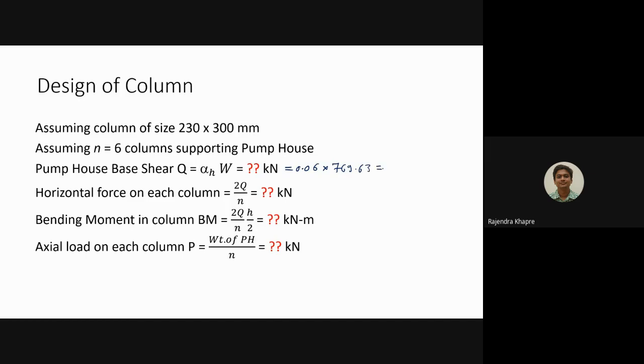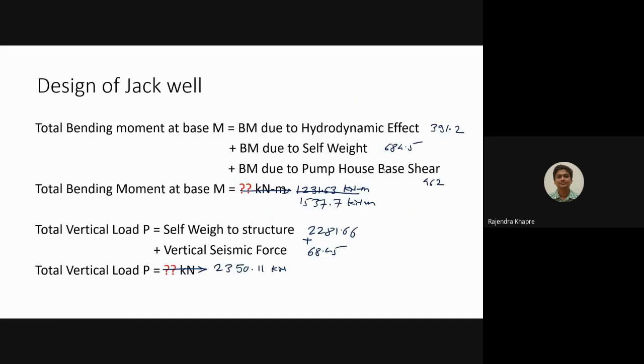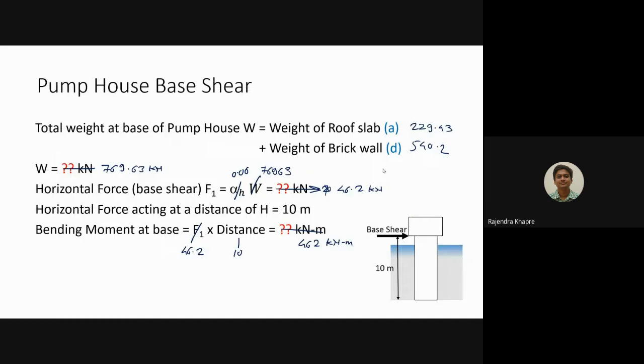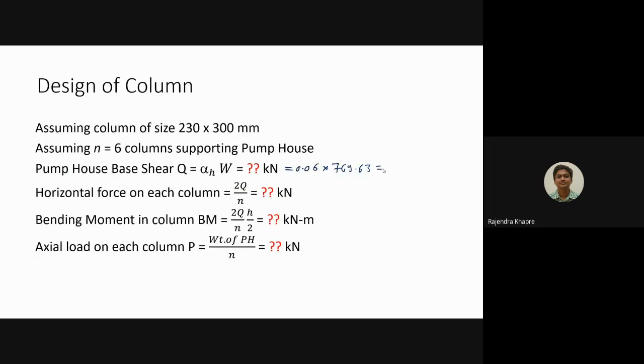And how much is this? I think we have already calculated this as 46.2 kilonewton. So this is the horizontal force. This is actually the pump house base shear.